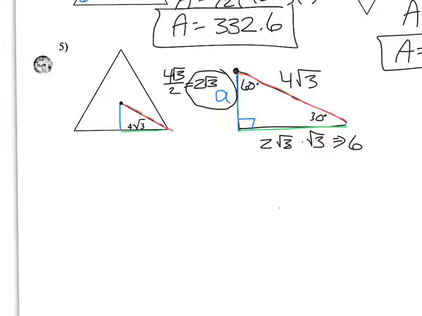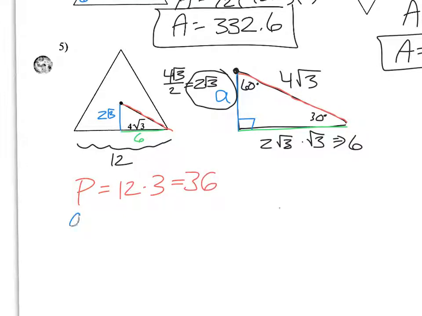Okay, so now I'm going to come back over to the original picture here. So again, the apothem here is 2 square root of 3. That's in blue. This right here is 6, but I need the whole side in order to get perimeter. So the whole side would be 12, double that. So perimeter is 12 times 3, because there's 3 sides.